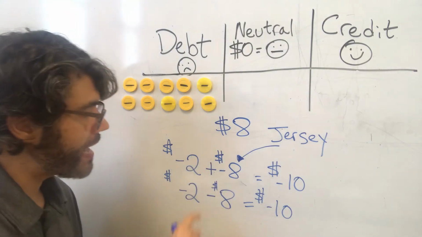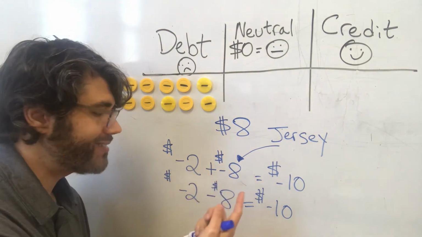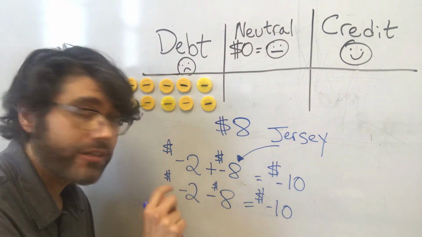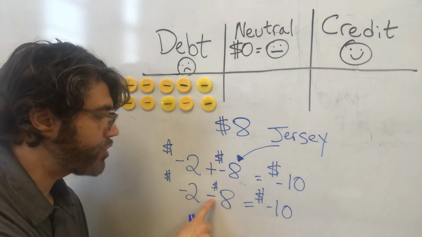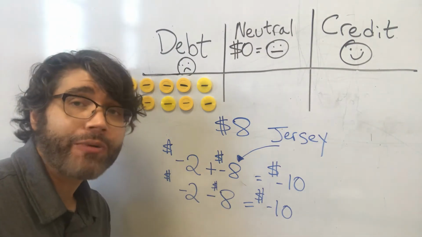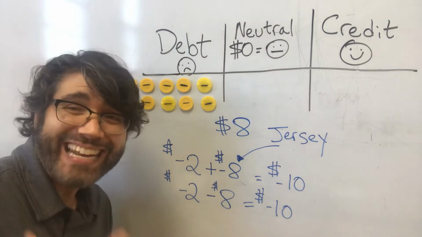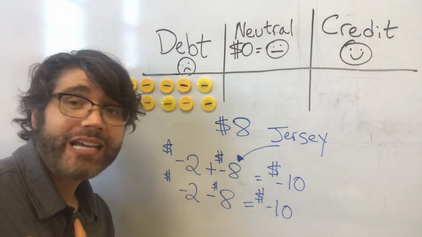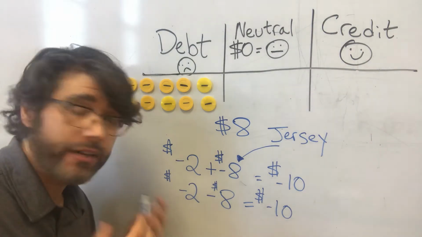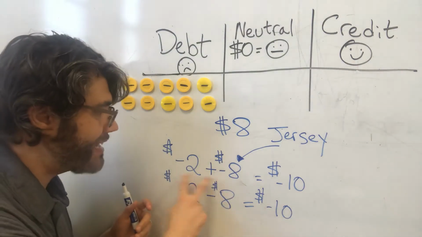So do you see that adding a negative is the same thing as just subtracting the number? They are equivalents. So if you ever see a subtraction sign, and I highly recommend this when you're beginning to learn with integers, it's, for me, a good visual to think of adding debt together.